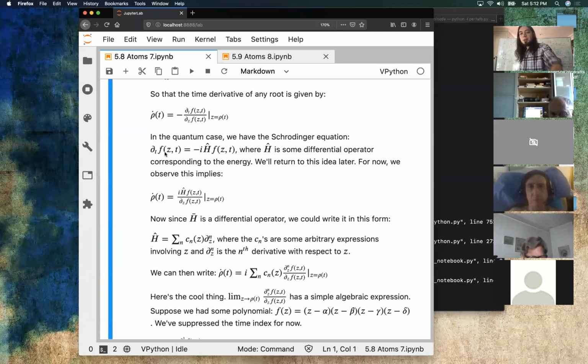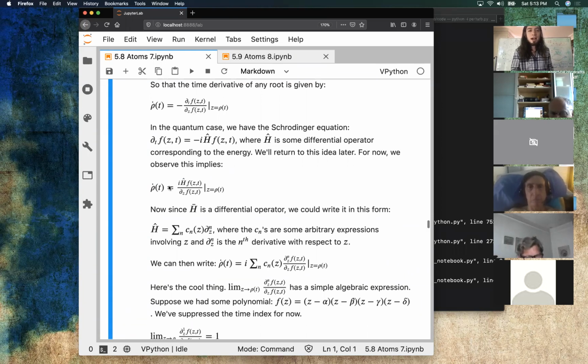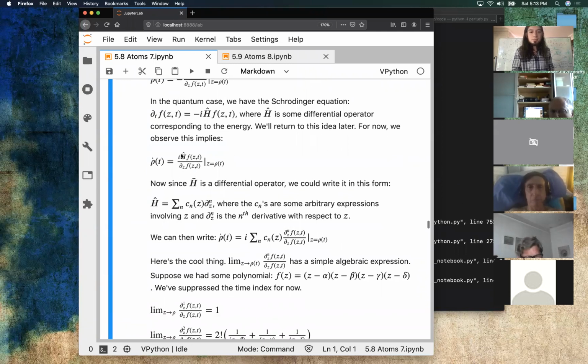We now have an expression for the time derivative of f of z,t. It's just negative i H f of z,t. So plugging that into our former equation, we just replace the partial derivative with respect to time with i H f of z,t, and we get this. Okay?